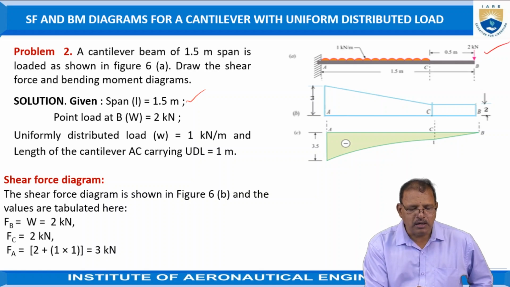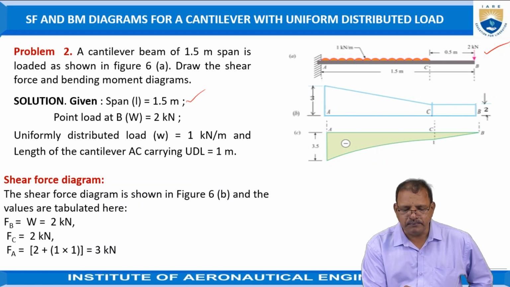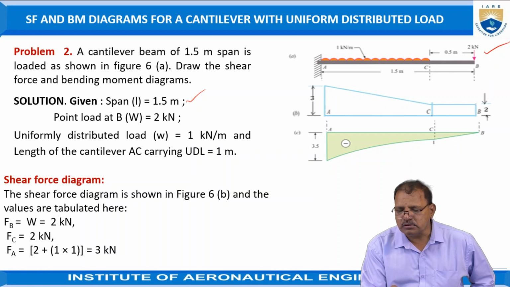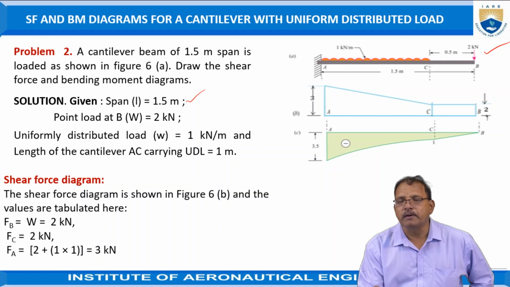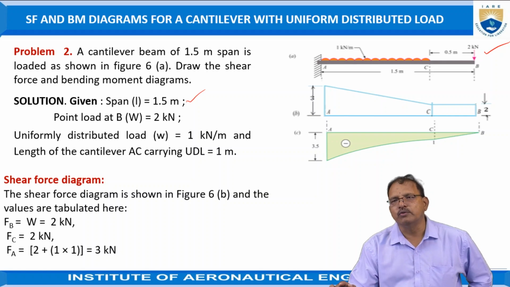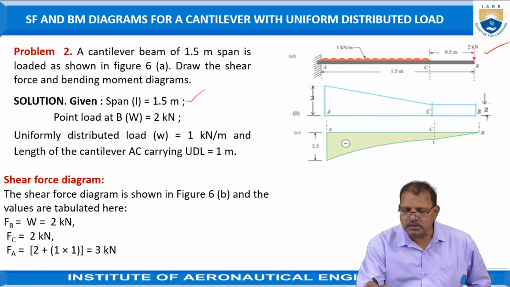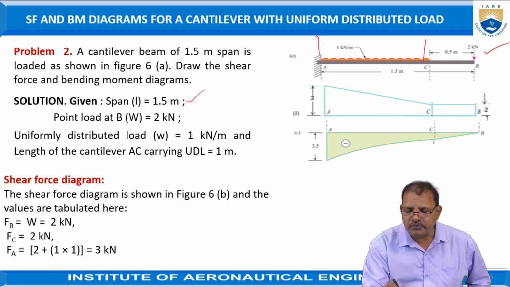A uniformly distributed load of 1 kilonewton per meter is acting between C and A as shown in the figure. So the length AC is 1 meter, because the total is 1.5 but the end portion is 0.5, so the remaining length is 1 meter.